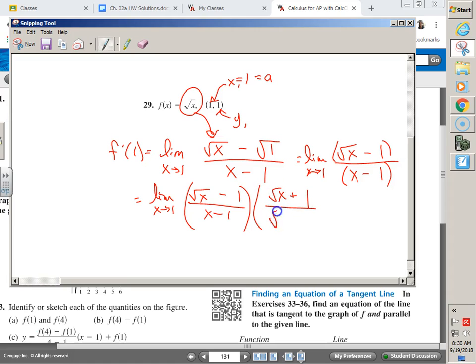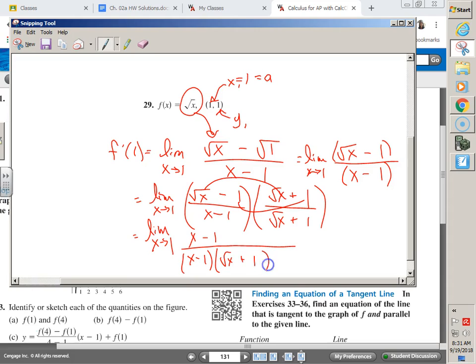Good. When I multiply by the conjugate, foiling is nice because it ends up just being the first times the last, outer and inner cancel. If you keep the bottom all nice and factored, it's ready to reduce.